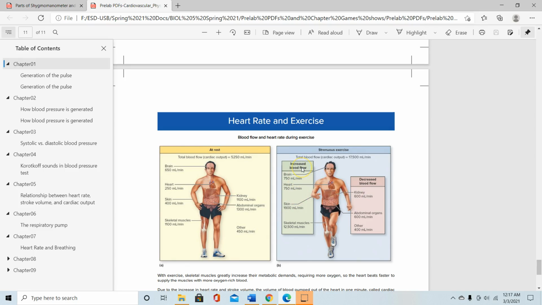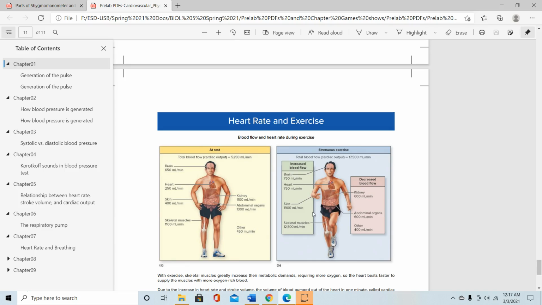But when you exercise, look here, some organs increase their blood flow and some don't. You can see brain increases from 650 to 750, heart from 250 to 450 because the heart has to pump more, skin 400 to 900 because skin temperature increases.